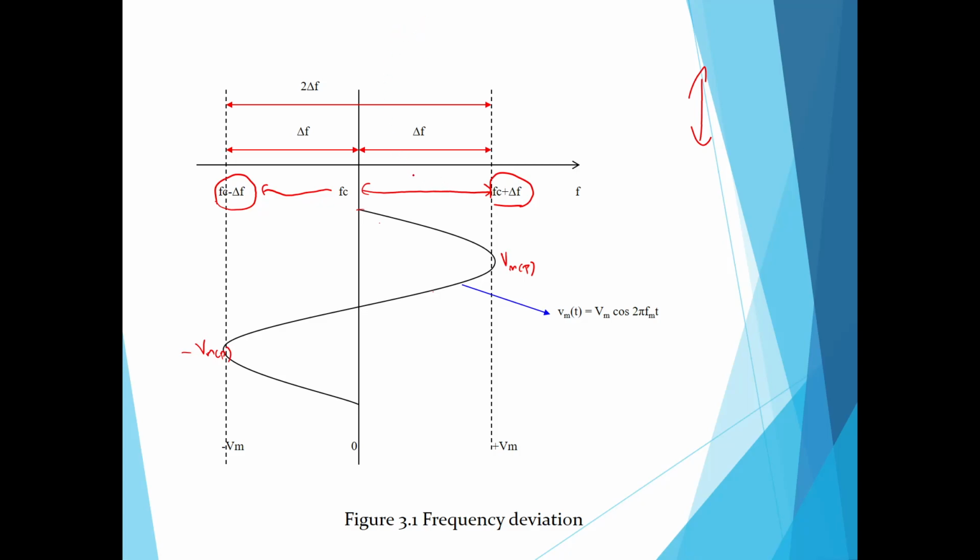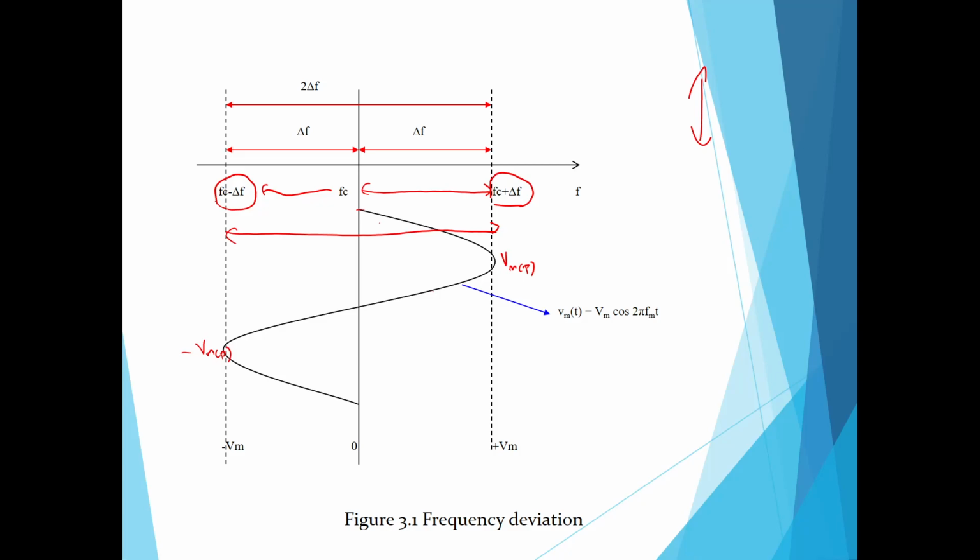So this is the limit of the carrier, from Fc minus delta f until Fc plus delta f. The frequency keeps on changing, from Fc up to Fc plus delta f, the maximum, and then from Fc down to Fc minus delta f, the minimum.